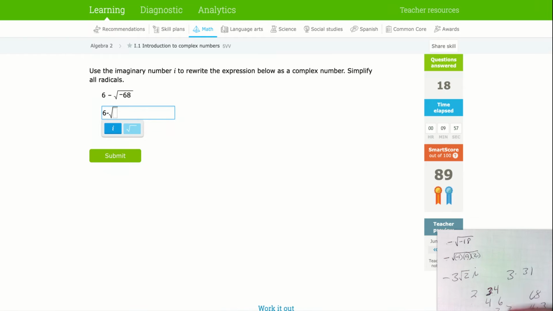I almost multiplied wrong. Now I factor out a 2 of that, and that's 17. So it's 4 times 17. I can square root the 4. Square root of 4 is 2. The square root of 17, I don't know. The square root of the negative is i.